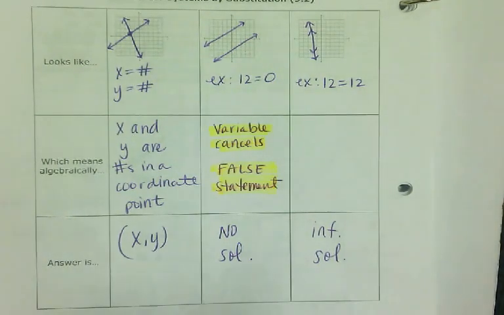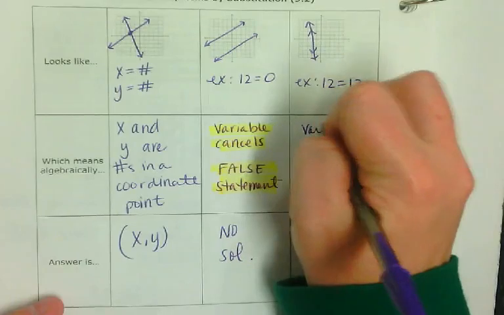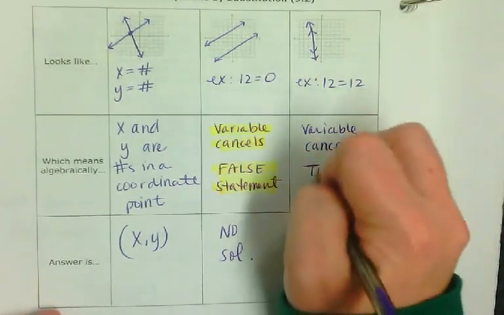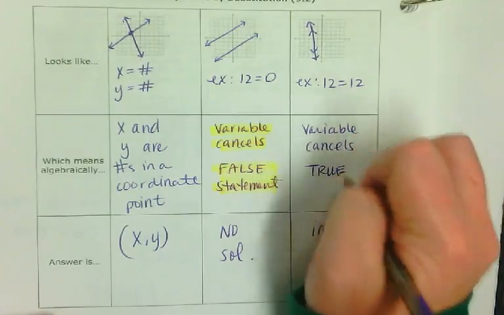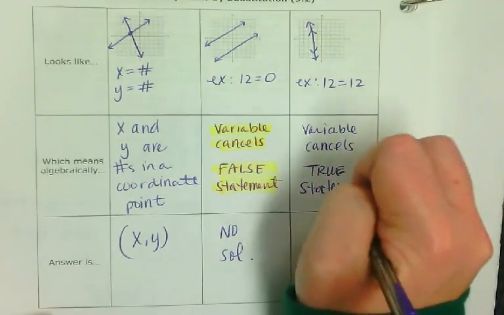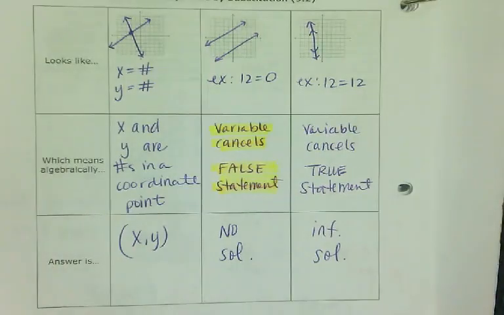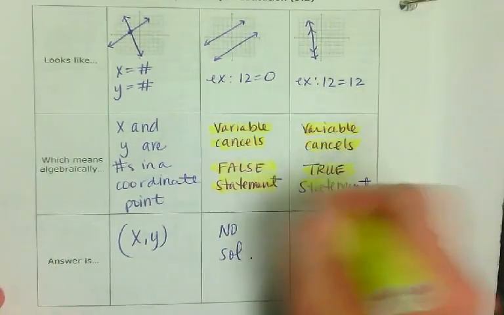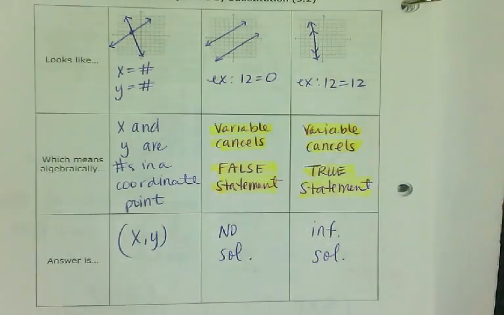This time my variable cancels, just like it did on the other one, but I have a true statement. Okay, this is exactly how it was when we solved the equations. My variable cancels, and I have a true statement. That's my infinite solutions.